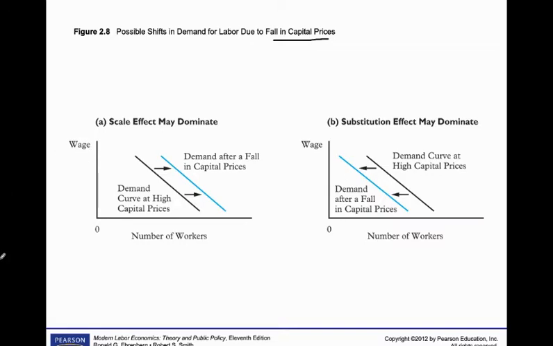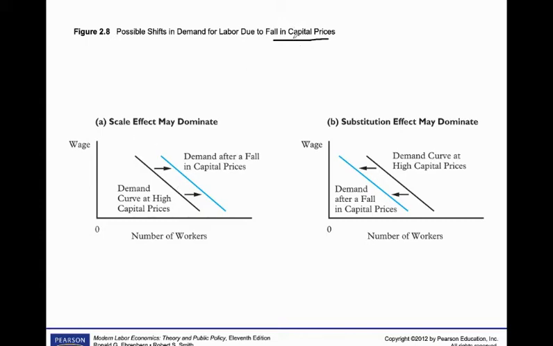This is one example where capital can be a substitute for labor or capital can be a complement to labor. For figure A, please ignore this term scale effect at the moment because we will discuss more about this when we come to the chapter on the demand for labor.